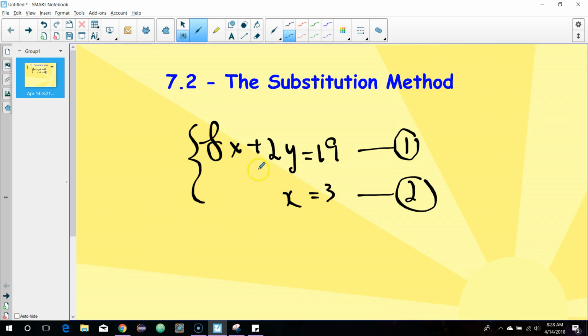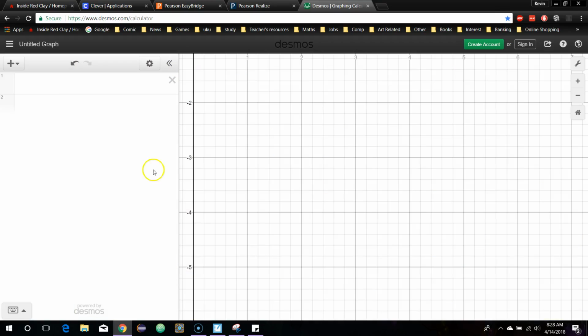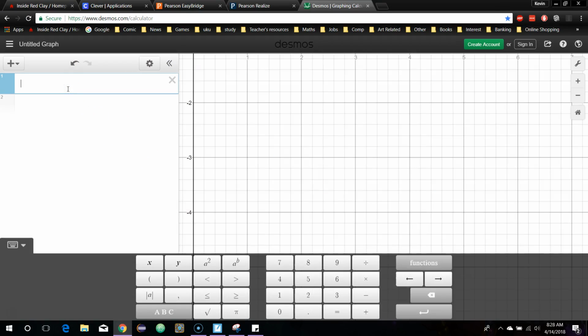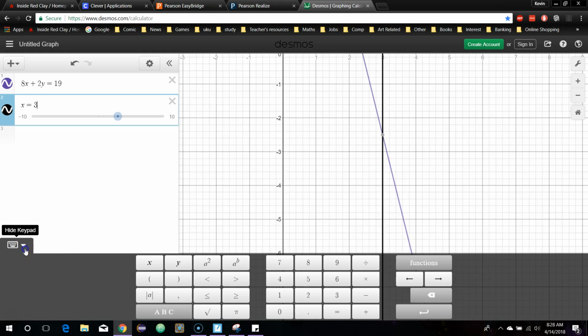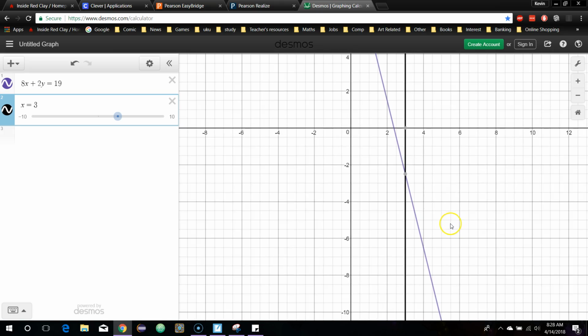I'm going to plug this into my Desmos: 8x plus 2y is equal to 19. And x is equal to, I think it's 3, isn't it? Yep. So let's say if they didn't force you to use whatever method, I possibly would just go for this. Let's change this color, because it's hard to see.